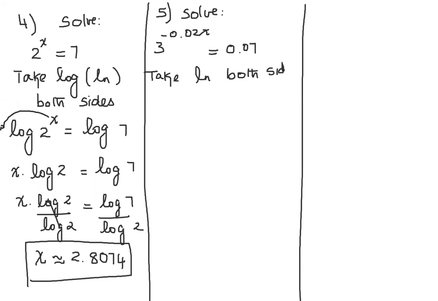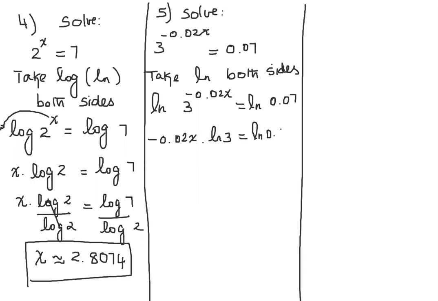Again, you can take either log or ln. So it's going to be ln 3 to the power negative 0.02x equals ln of the other side. Remember you have to take ln on both sides, don't forget that, and move the power to the front, times ln 3. Now divide both sides by ln 3.